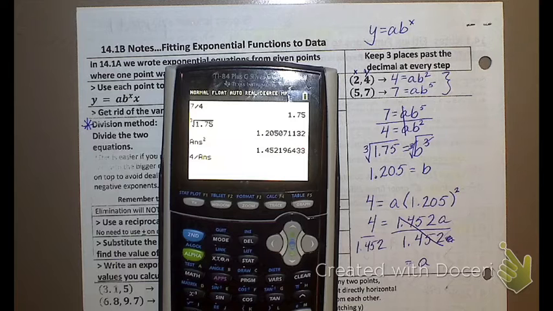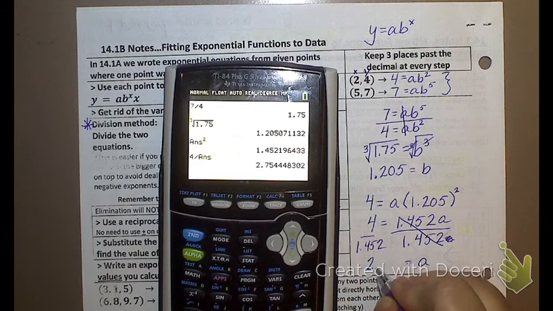Whenever you can use that previous answer button, it maintains some accuracy. So whenever you can, use it. It also saves your fingers from having to type in all of those numbers. So what do I have? 2.7544. So does that mean it's 2.754 or 2.755?